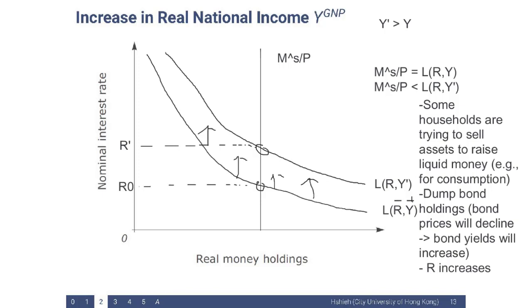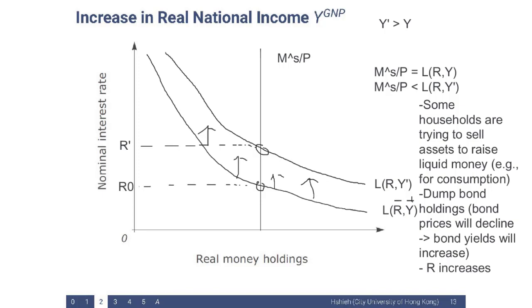So let's look at the market clearing condition first. Maybe this is most intuitive. The market clearing condition in mathematical form looks like the following: real money supply is equal to real money demand. When we increase Y to Y prime, this equilibrium will be distorted.